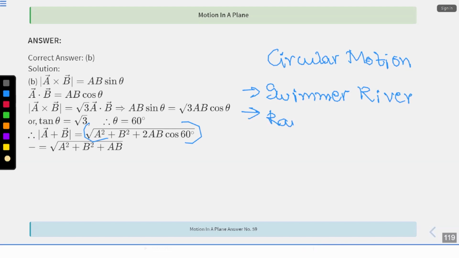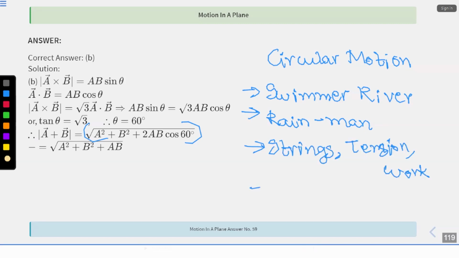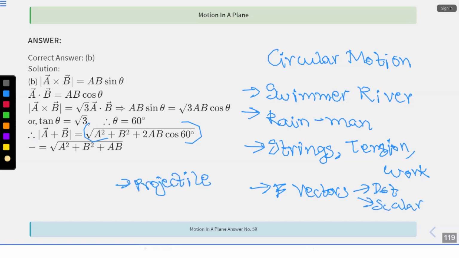And then we also had a few questions on strings, wherein we calculated tension. We even used work. And then finally, vectors, and that could be dot product, scalar. We also covered projectile motion, wherein we spoke about the ranges a lot. Okay, so these were the vast concepts that we covered.